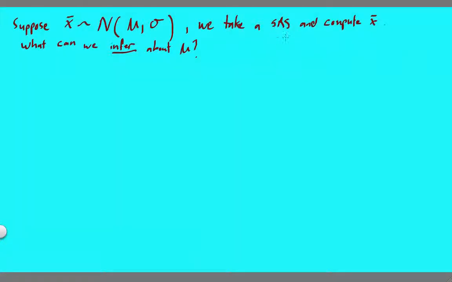Okay, so we take a simple random sample of whatever size and we compute x bar. So the question is, what can we infer about the mean of the population that we're drawing from based on our sample?